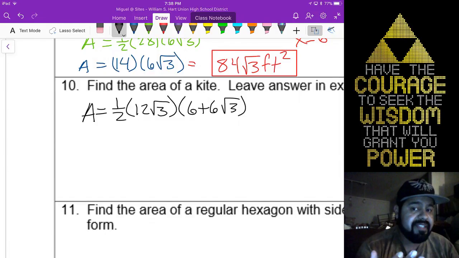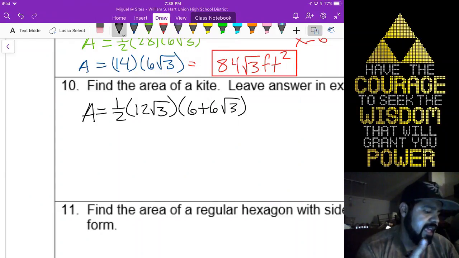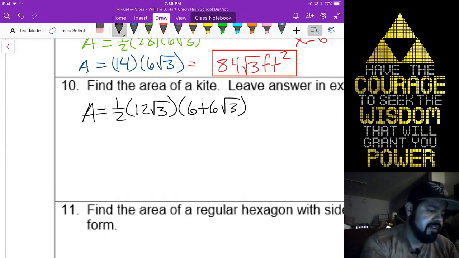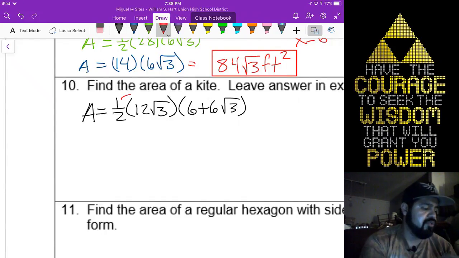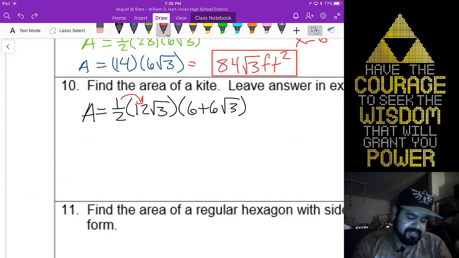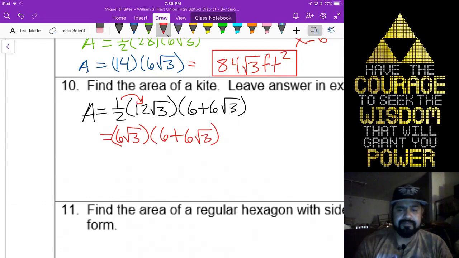So to minimize any confusion, what I'm going to want to do, yes, we can go back to number 2 in a bit. We're going to want to be creative again with our commutative property. So let's take half of your 12. So half of 12 is going to be 6 rad 3. And I'm going to multiply that by 6 plus 6 rad 3.